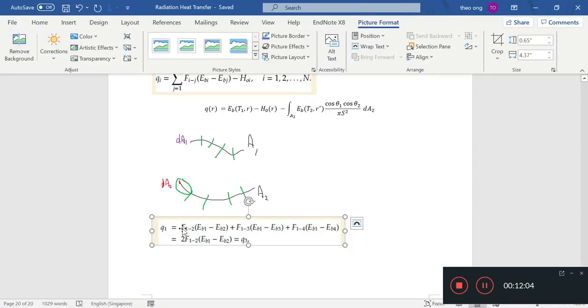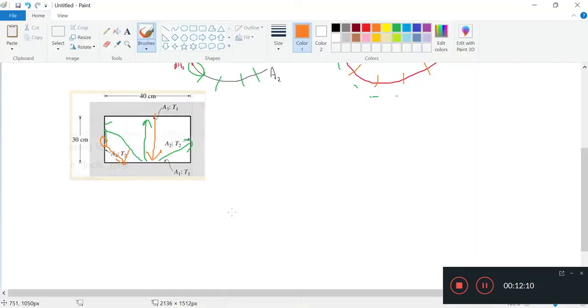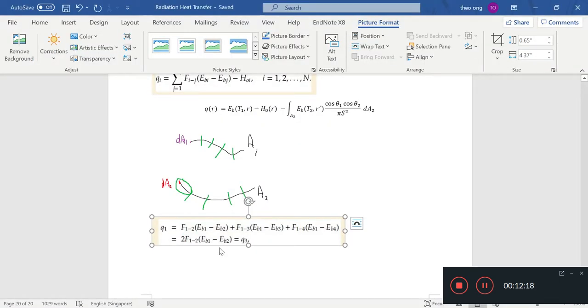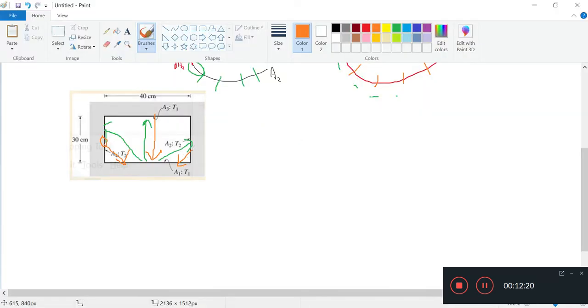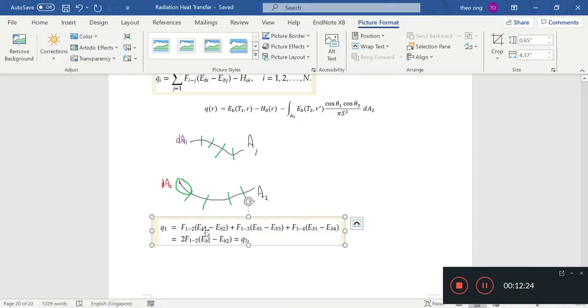And EB2, which is from here, that's the emitted power from here to here. So the total emitted power from surface 2 to surface 1 is F1 to 2, the view factor from 1 to 2, into EB2. So that is the heat flux.